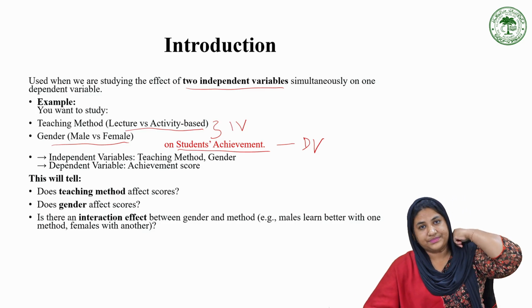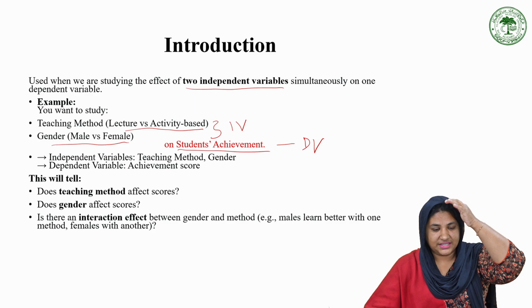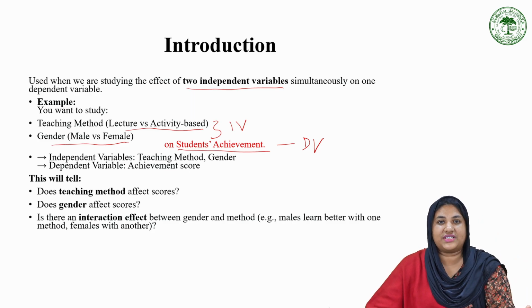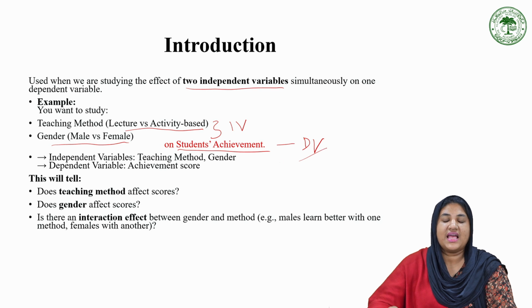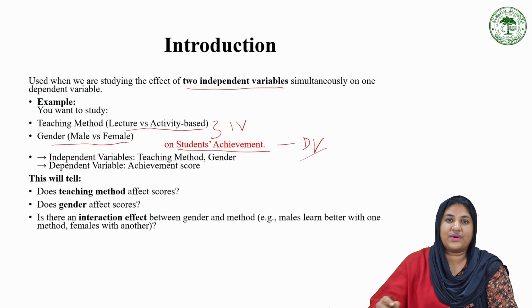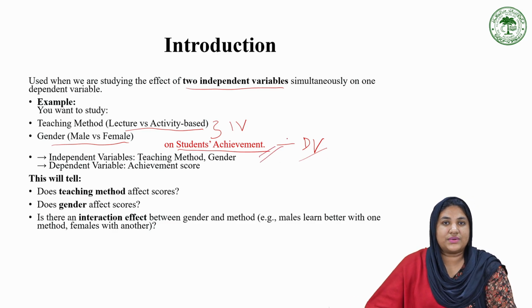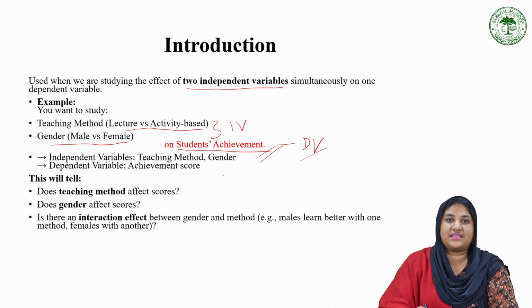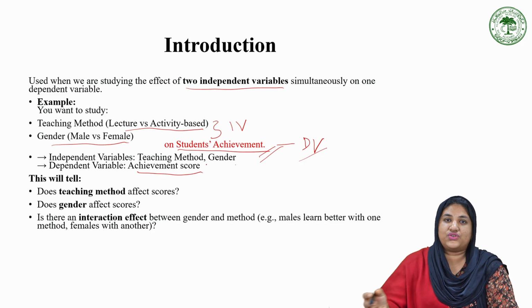We are checking whether the method of teaching, the lecture method or activity method, has a significant impact on students' achievement, and also whether gender plays a significant role in students' achievement as a factor. That is also an example of two-way ANOVA. So here the independent variables are the teaching method and the gender, and the dependent variable is the achievement score.